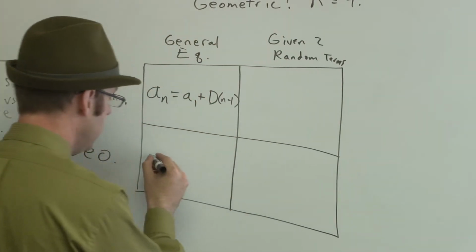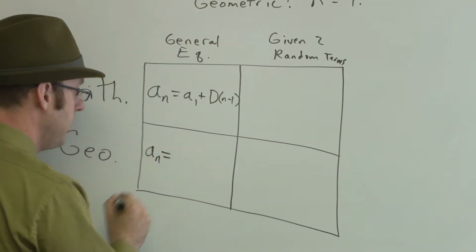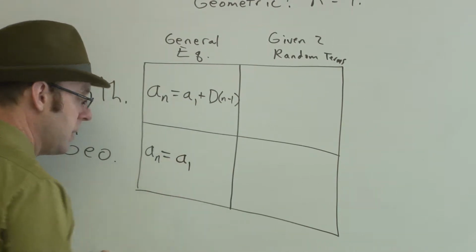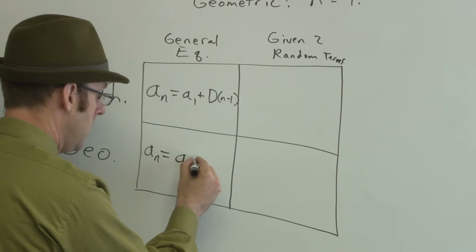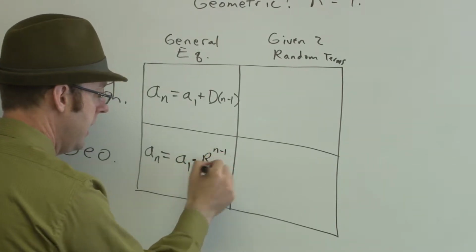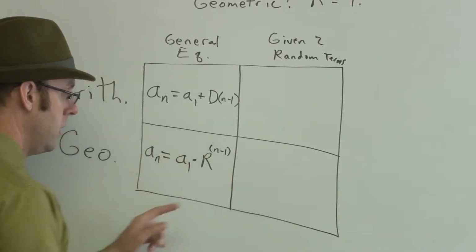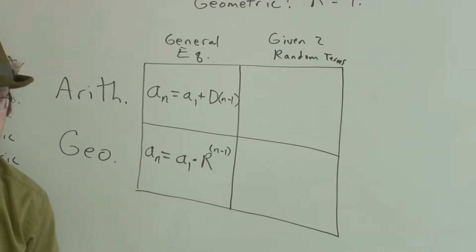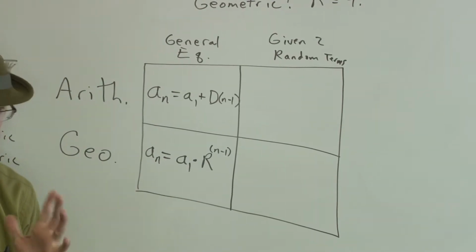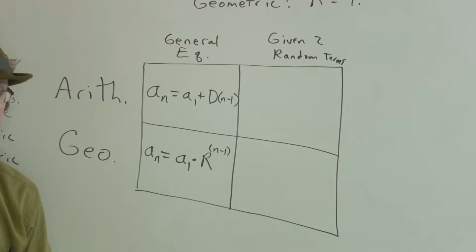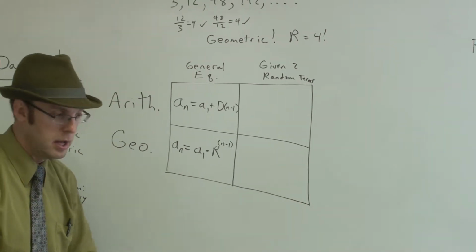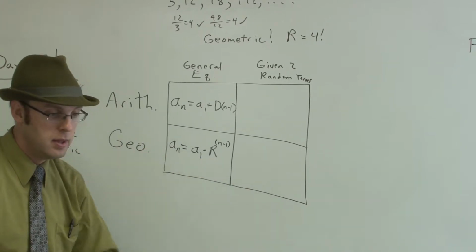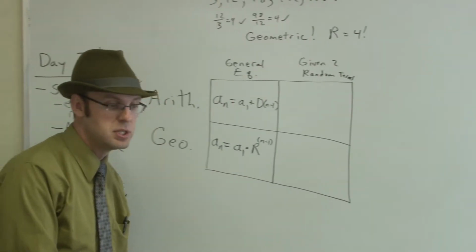For a geometric sequence, it's the same type of horse. I'm going to start at my first term, A1, and then I'm going to multiply by my common ratio, n minus 1 times. Right, so keep in mind it's always n minus 1, because if I'm at step 1 and I want to go to step 4, I need to take 3 steps, right?